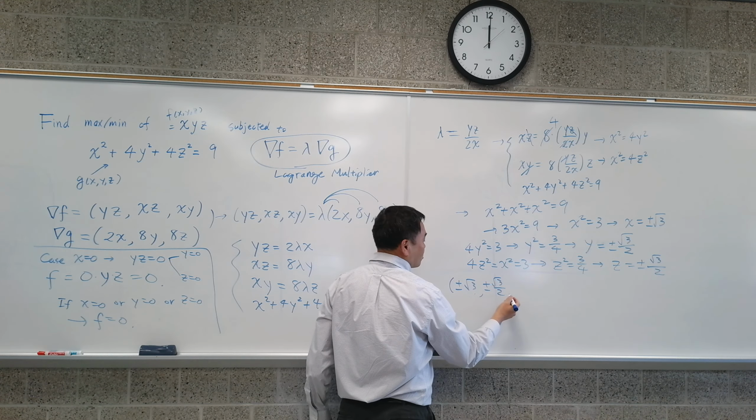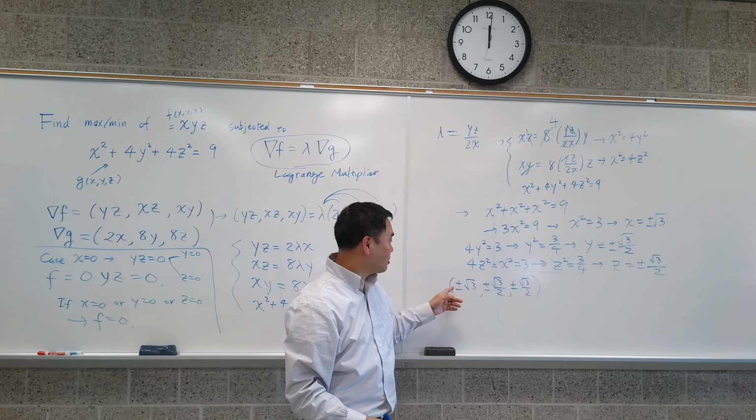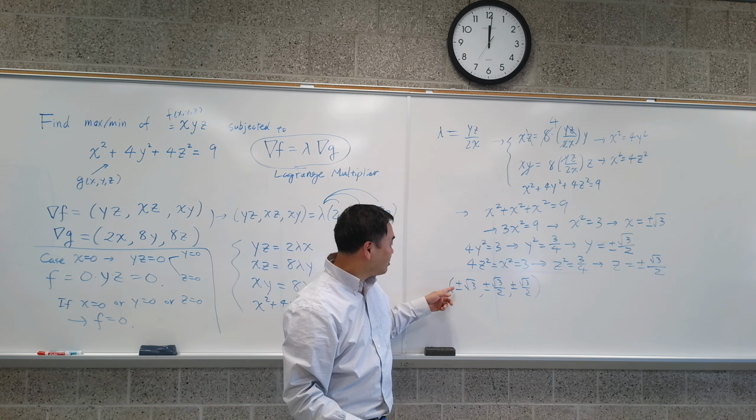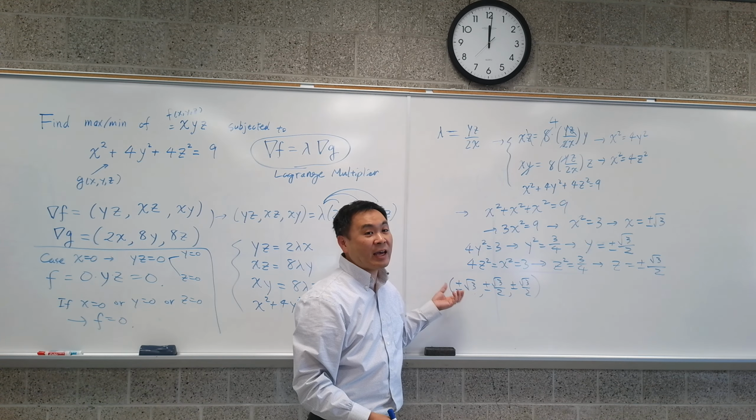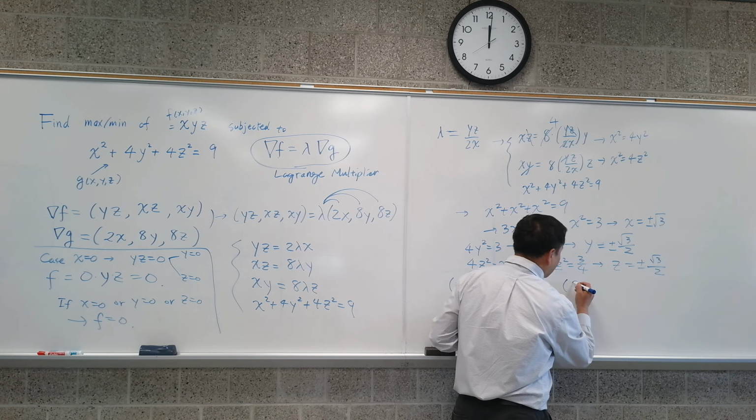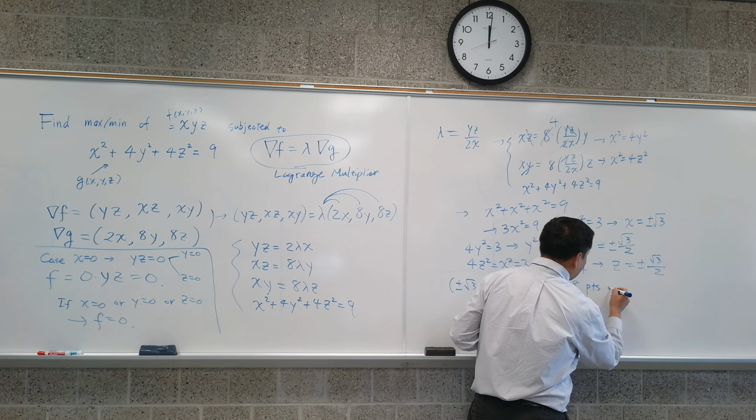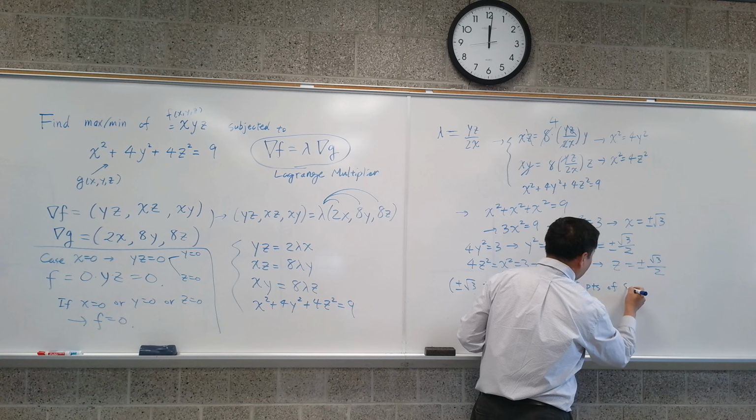Now, sometimes when you write these down, this could mean that it's all plus or all minus, but here that requirement is not there. So you could have positive for the x value, but negative for the y value. So this is 2 times 2 times 2, so there are 8 possible points of solutions.